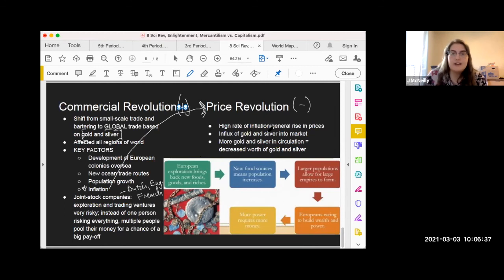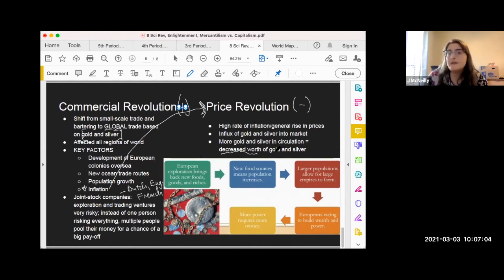Because of all of that gold and silver flooding into the market, the more of that money is in circulation, the less that money is worth, because gold and silver is no longer scarce. It's no longer rare. That's going to lead to inflation or the rise in prices. So goods are going to cost more gold and silver. Okay? That inflation is going to hurt Europe.